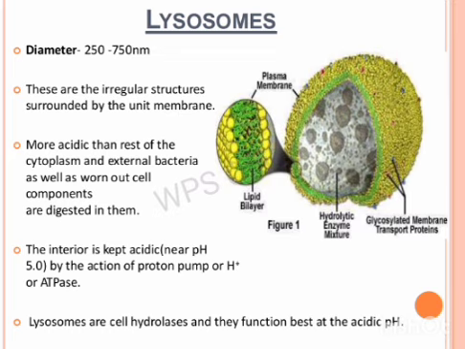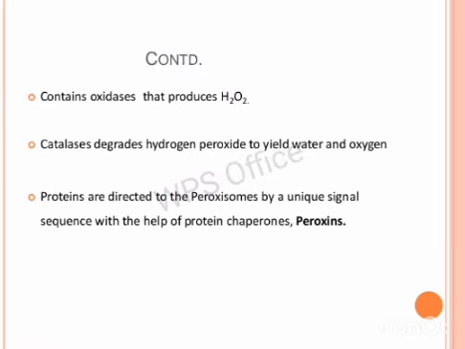Its diameter is 250 to 750 nanometers. It contains oxidases that produce H2O2, and catalase degrades hydrogen peroxide to yield water and oxygen. Proteins are directed to the peroxisome by a unique signal sequence with the help of protein chaperones.